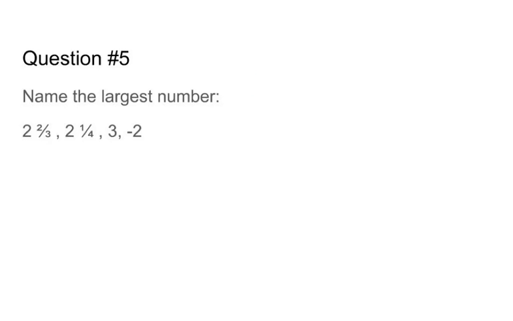Question number 5. Name the largest number. You probably should use a calculator to figure this out because you got 2 and 2/3. Remember, that's 2 plus 2 divided by 3.